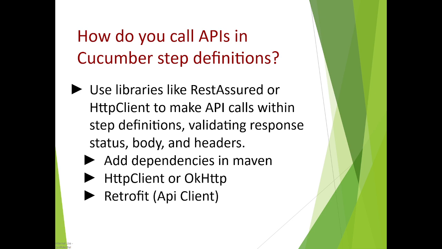A common best practice is to reuse common headers, body or any helper methods, and you can also reuse the response between steps by storing it in context or an instance variable. You can also create POJO classes to store the response from any other steps.